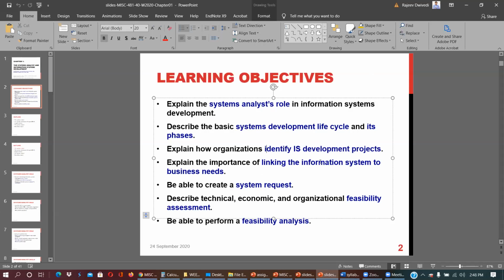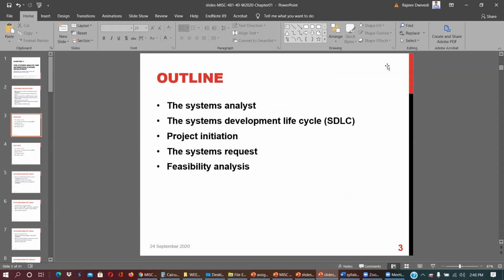Linking the information system to business needs. Being able to create a systems request. Describing technical, economic, organizational, and social feasibility, whether the system is feasible. Feasibility analysis is very important when you start any system, because only then can you start if it is feasible enough to pursue. So this is the outline.